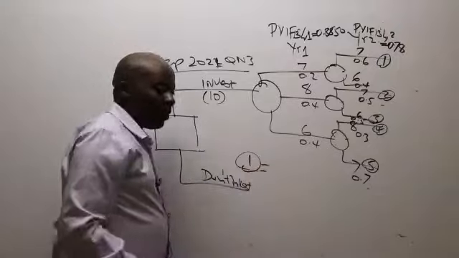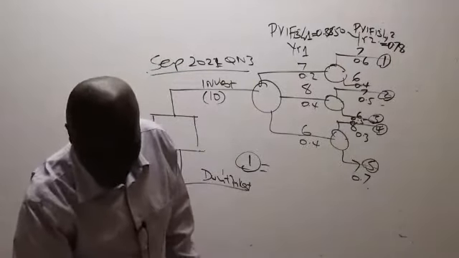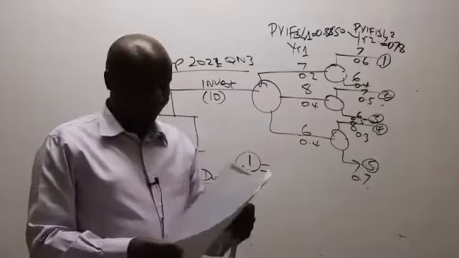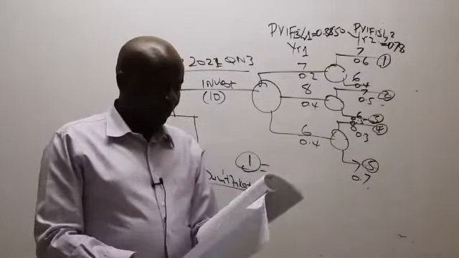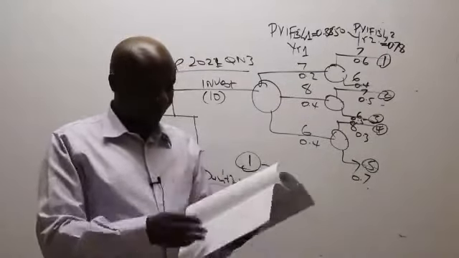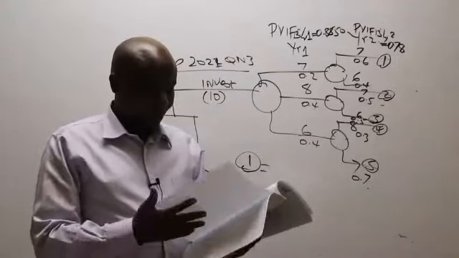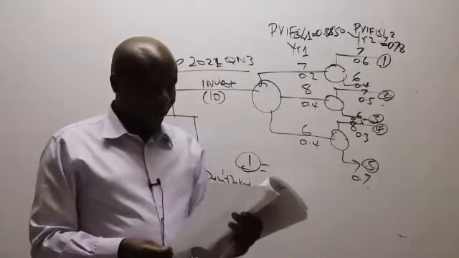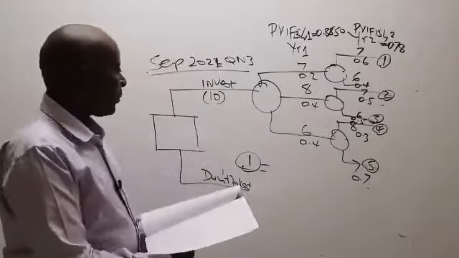Let me see whether there is anybody who will be able to get NPV of branch number 1 correctly. So how do we get branch number 1 NPV?